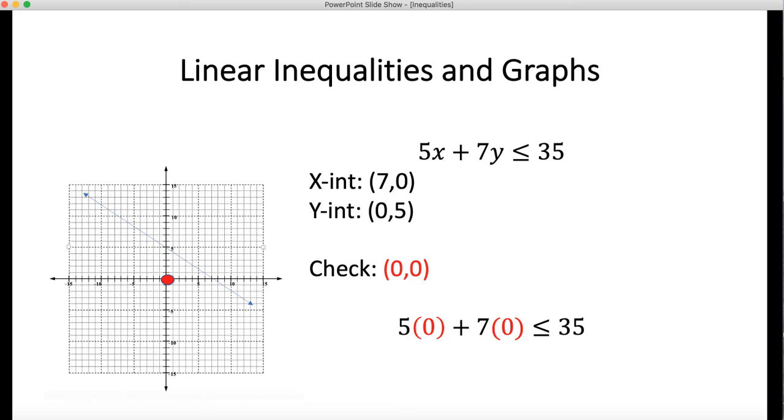So 5 times 0 plus 7 times 0 is 0, and 0 is less than 35. So that checked out. That means that point, 0, 0, is a solution to this inequality. So since this point is a solution, we're going to shade everything in that region. And so the solution region is everything that's shaded.